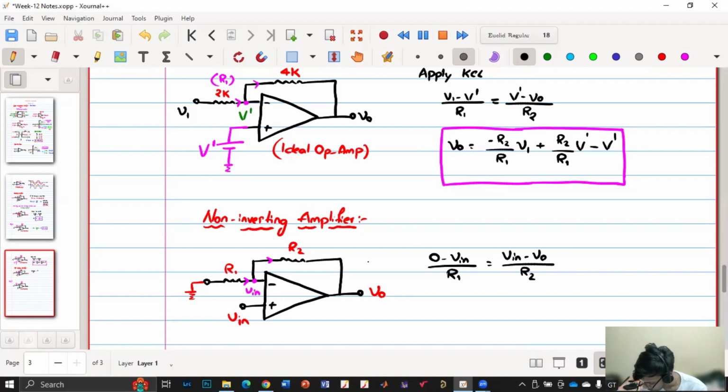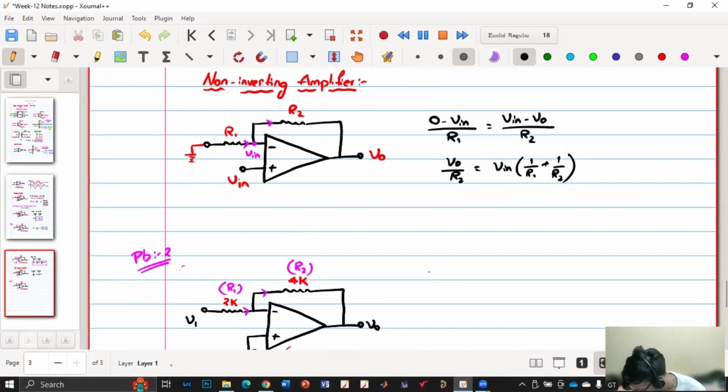If I bring everything to the LHS, V0 by R2 is equal to V in into 1 by R1 plus 1 by R2. Now if I multiply by R2 on both sides, I will get V0 is equal to 1 plus R2 by R1 into V in. So this is what we got.